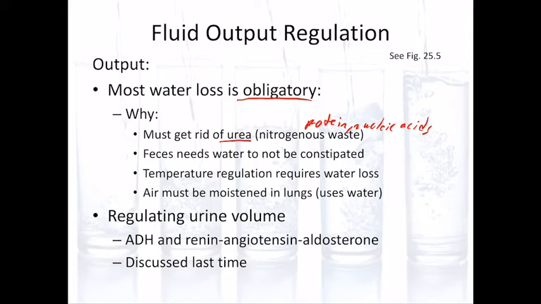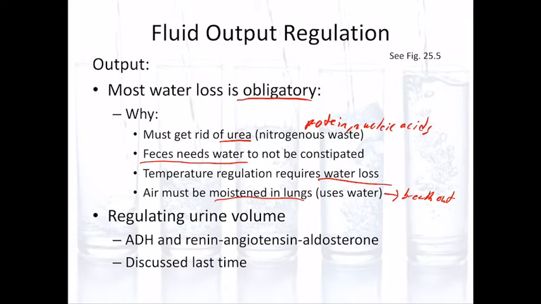Feces needs to have water in it so we're not constipated. Temperature regulation requires water loss via sweating, and the air in our lungs must be moistened, so when we breathe out, we lose water. So those are four examples of where and why we lose water every day.